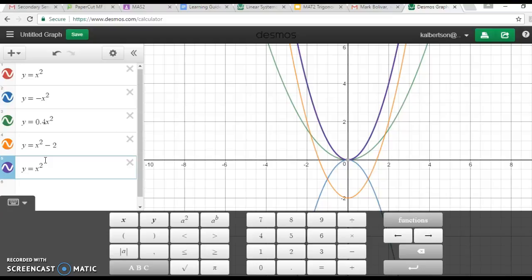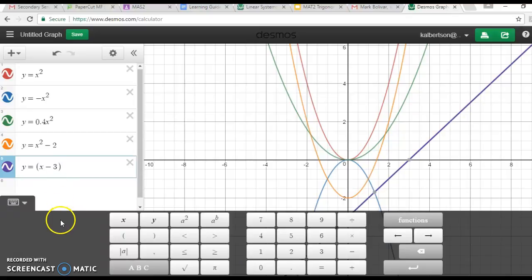Let's have a look at what happens if you go y equals x minus 3, to change that, y equals x minus 3, new bracket, all squared.